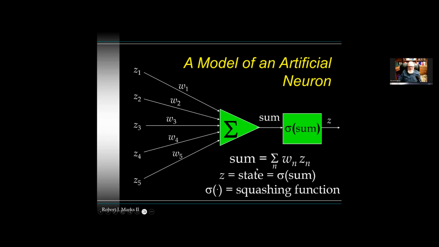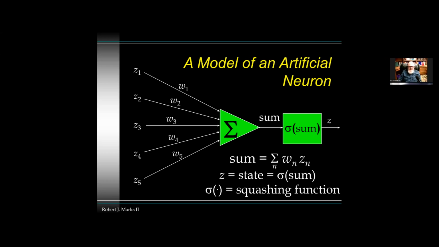So the sum is equal to the sum of the inputs from the other neurons, or the input, multiplied by the weights. And you'll notice this is a vector-vector multiplication, right? And we'll see that we have lots of vector-vector multiplications. We have lots of matrix-matrix multiplications, which is why NVIDIA is making big bucks, because they're really good at multiplying big matrices together.